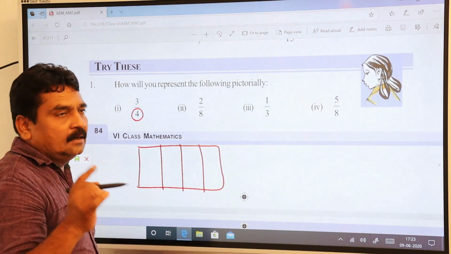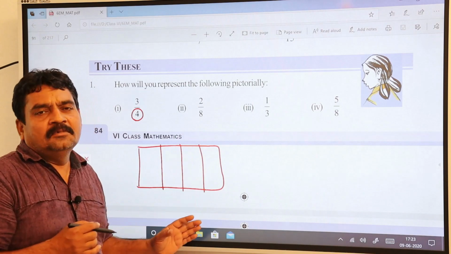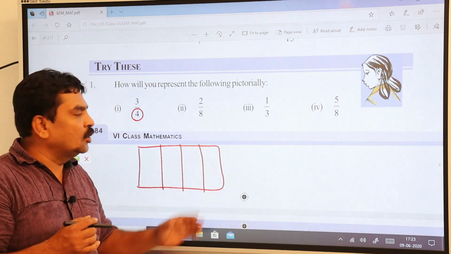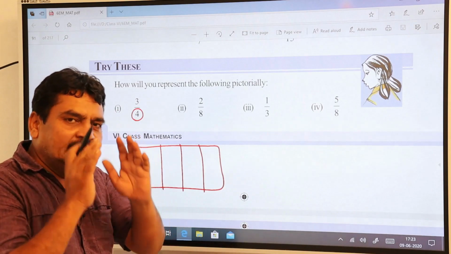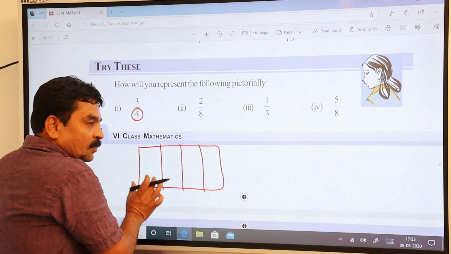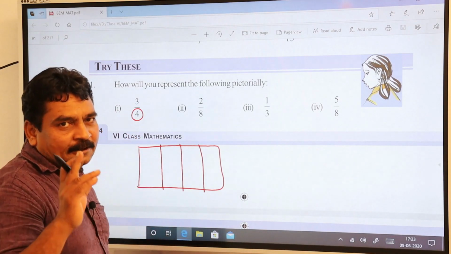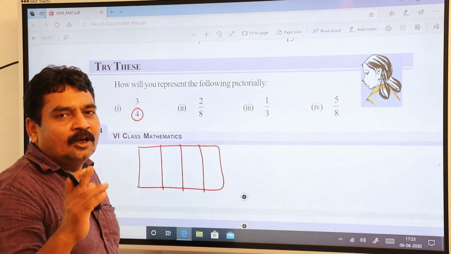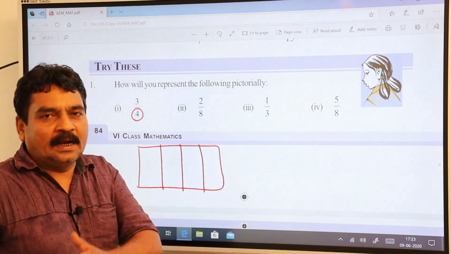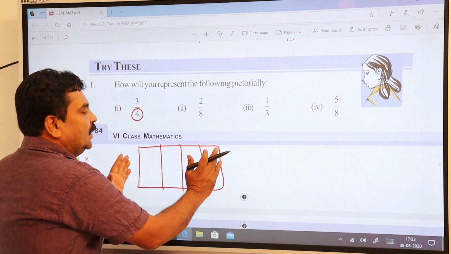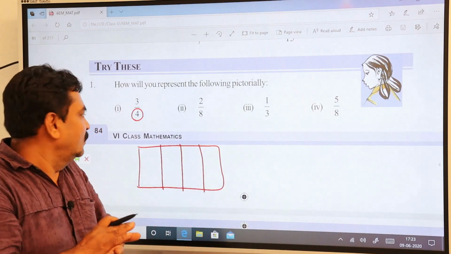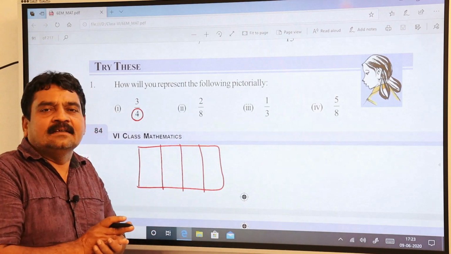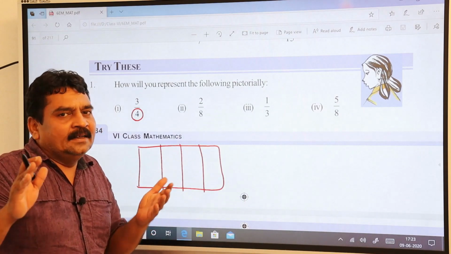Parts should be equal. In a rough diagram it may not look equal, but part always means equal, either by size or by weight. Then only you call it that number of parts. The whole is divided equally.